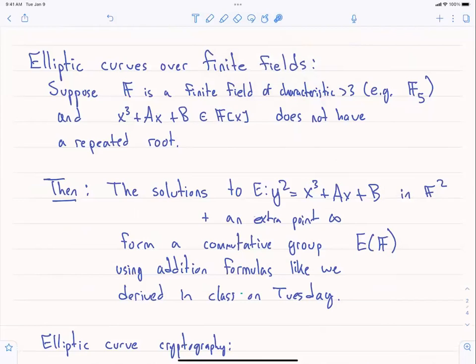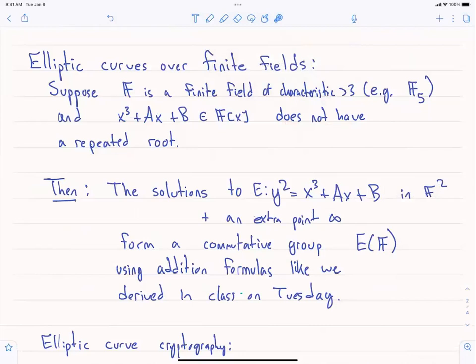And then we have an equation of the form x cubed plus ax plus b, where our coefficients are in this finite field. We have a polynomial of the form x cubed plus ax plus b that does not have a repeated root. Okay.